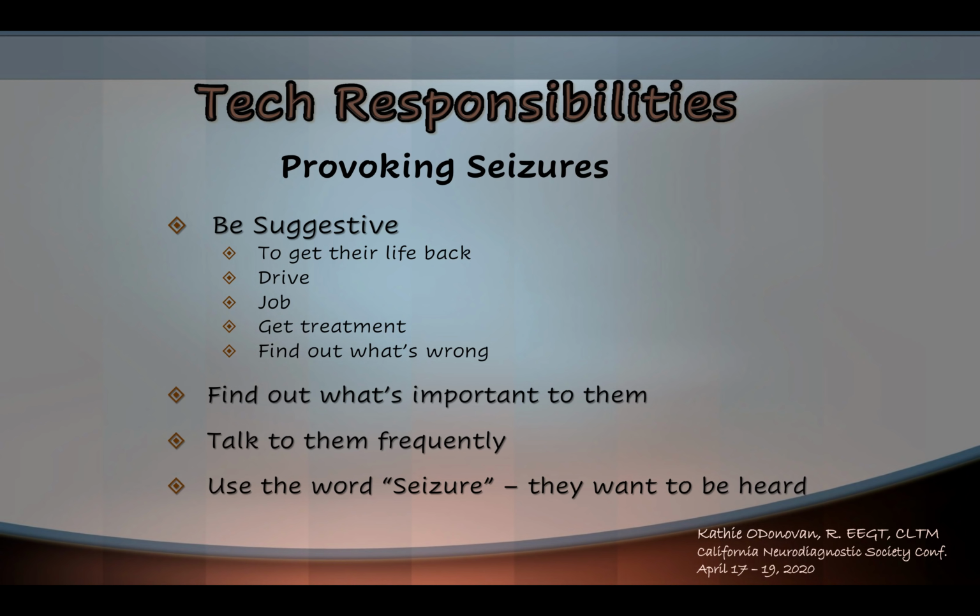I want to say that I have personally been involved with a lot of these patients. We see them a lot in teenage girls, and any teenager, but teenage girls are a very prominent population group to have non-epileptic seizures. So provoking the seizures is a responsibility of the tech that we should take very seriously.